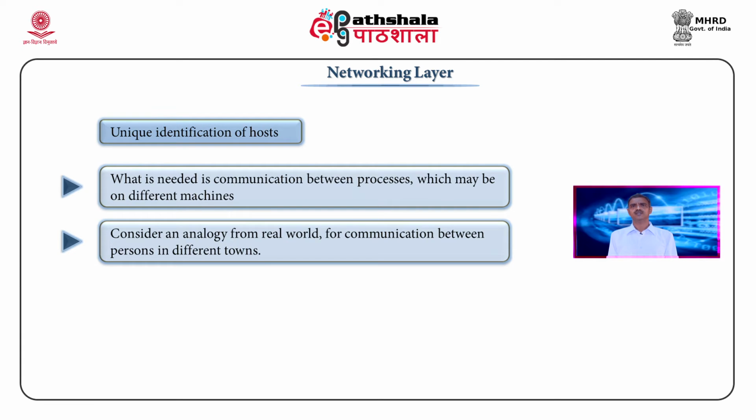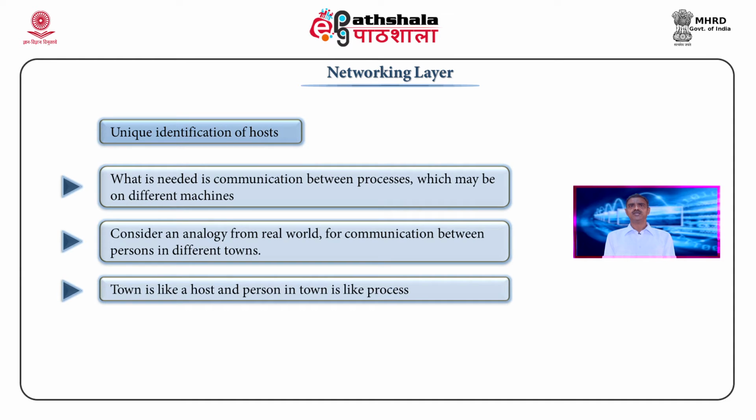Let's consider a town as being a host machine. The persons in the town are like the processes working on the machine. Now suppose some person in this town wants to talk to another person in a different town. How does he achieve this? What are the common ways of communication which we normally use here?